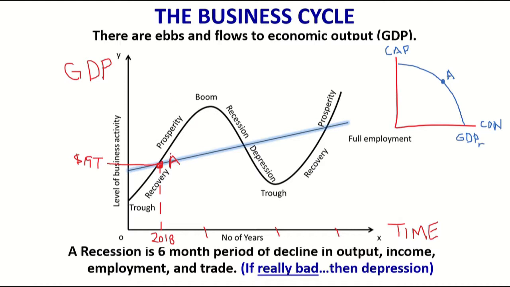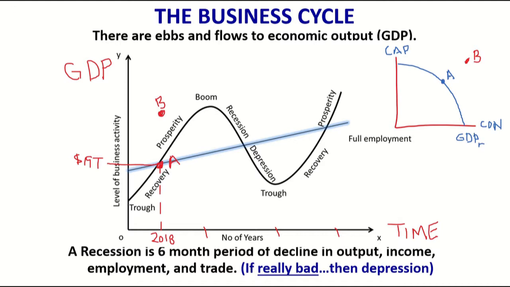Now, if we were producing here at point B, we'd be producing somewhere out here beyond our production possibility curve. We really can't produce that, or we're overproducing. Some countries can overproduce, and we probably shouldn't be working out here.